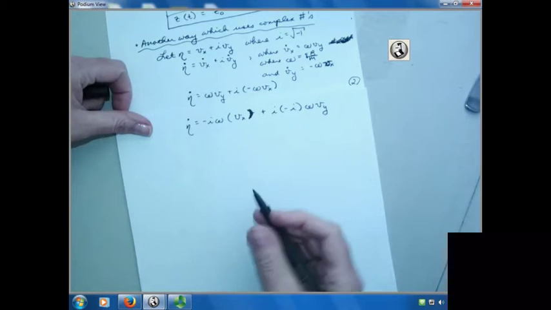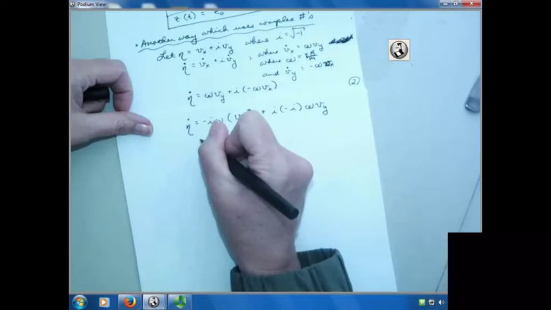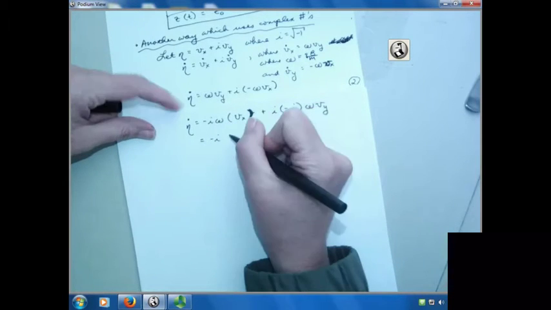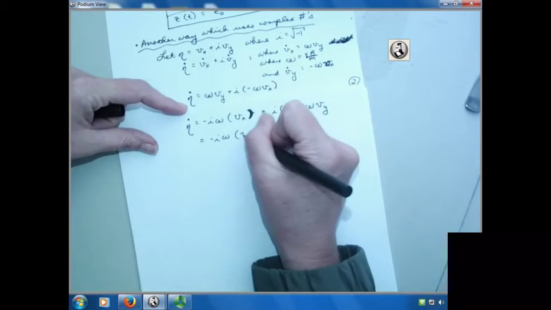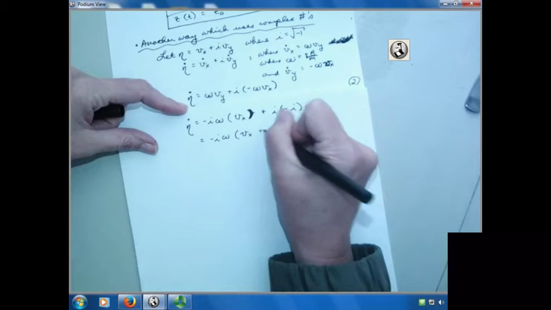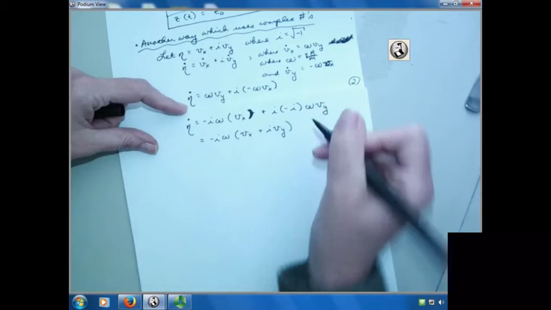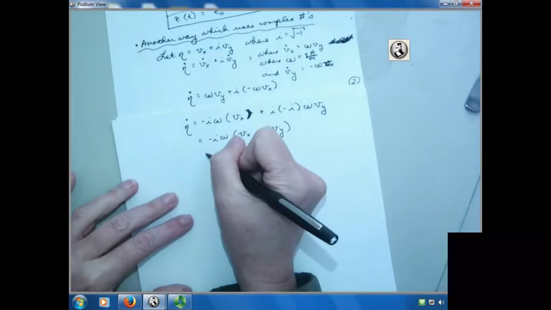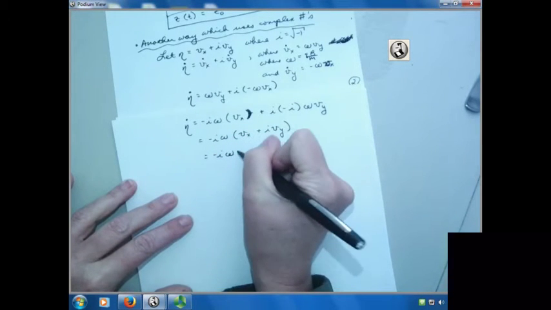All right, so if I want to factor out the negative i omega, I'll get Vx plus iVy. And then what I see at that point is, oh, this is equal to minus i omega times eta.